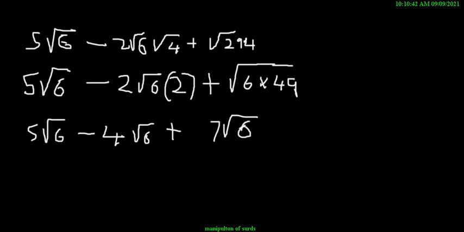If you've got this situation, you can simply add and subtract all of them. We're simply going to say 5 minus 4, which is 1, and 1 plus 7, which is 8. So we're going to have 8 root of 6, and that would be our answer.